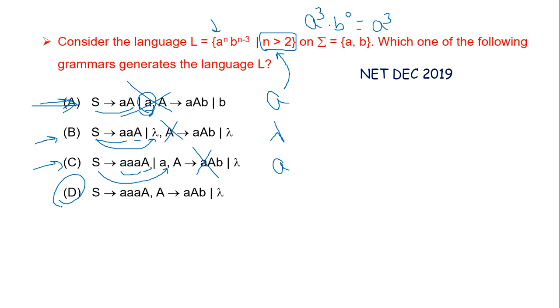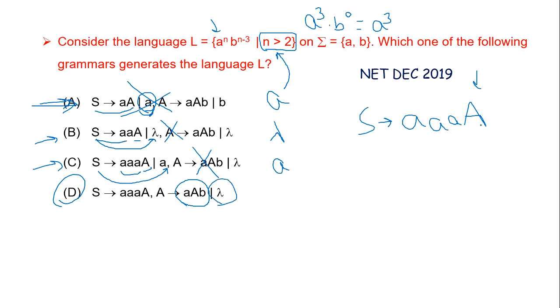For the sake of knowledge, let us see how it is our right answer. We start with S and get AAA, and one capital A, right? Now we have a single non-terminal variable, that is A, and we can replace this A with either small a, capital A, B, or lambda.